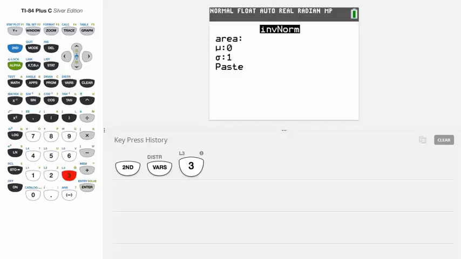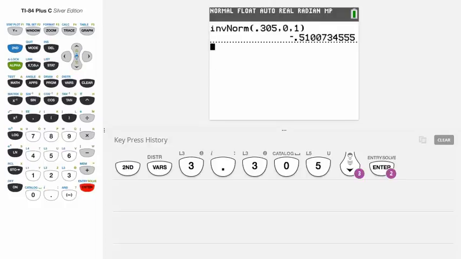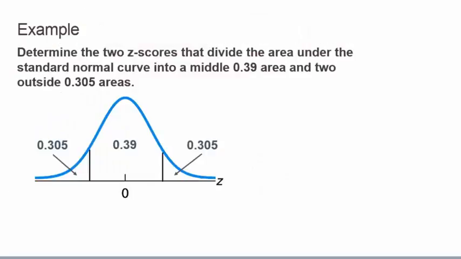We're going to type in our area to the left, 0.305. We want our mean to be 0, our standard deviation to be 1. Enter, enter, and I get negative 0.51. The z-scores are negative 0.51 and positive 0.51.